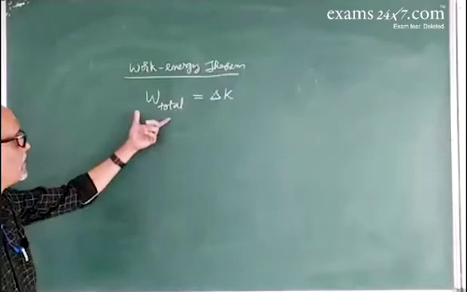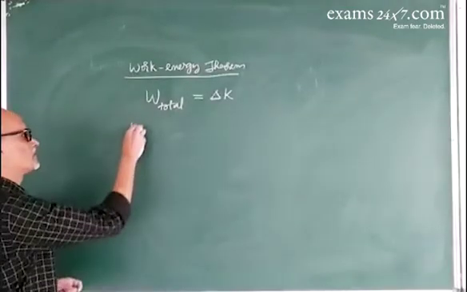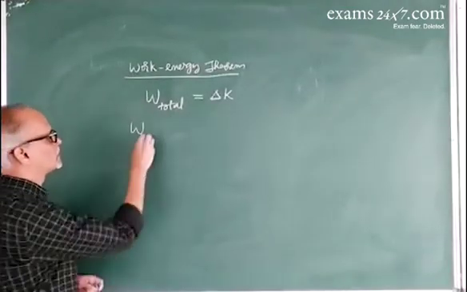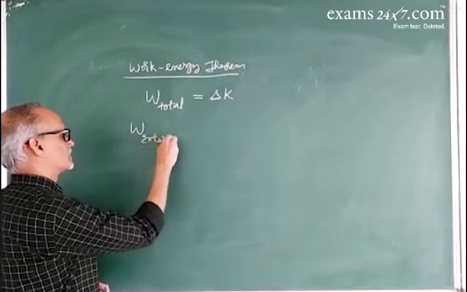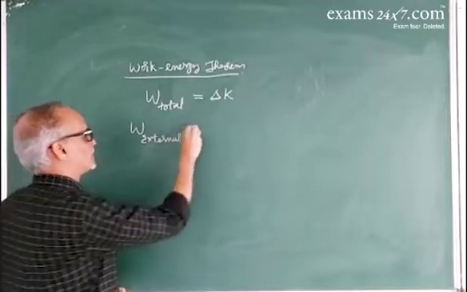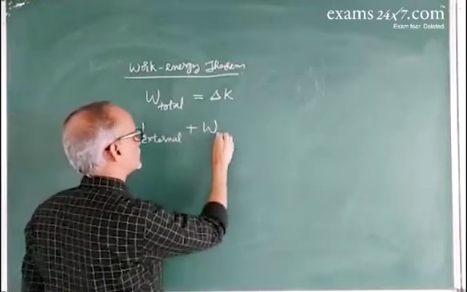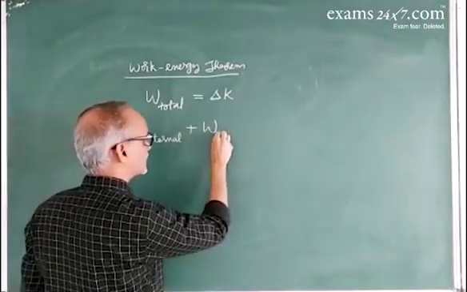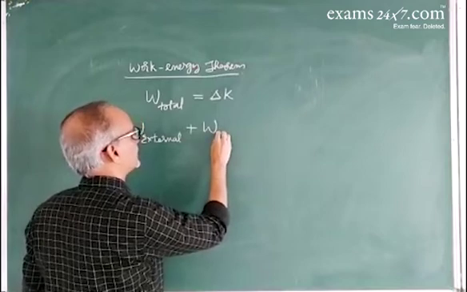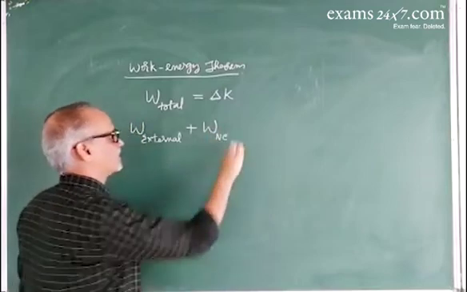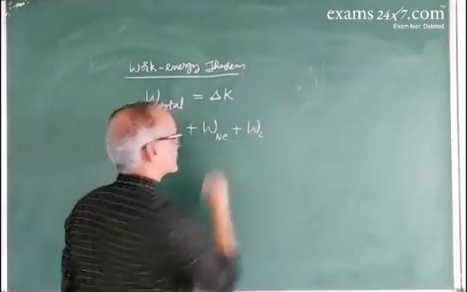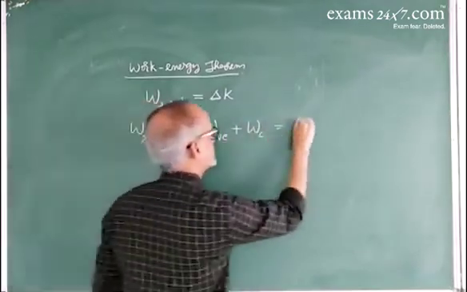When we say total work done, that includes work done due to the external forces, plus work done due to non-conservative force, plus work done by the conservative force is equal to delta K.